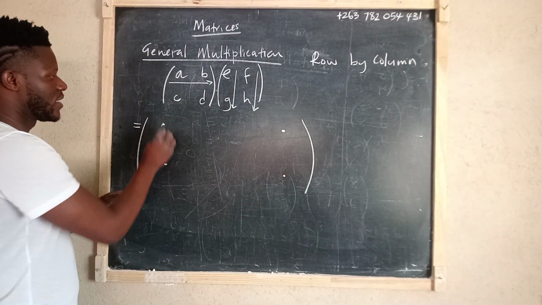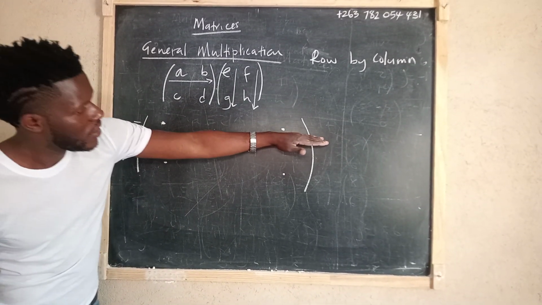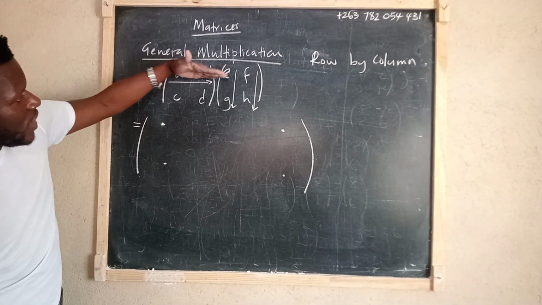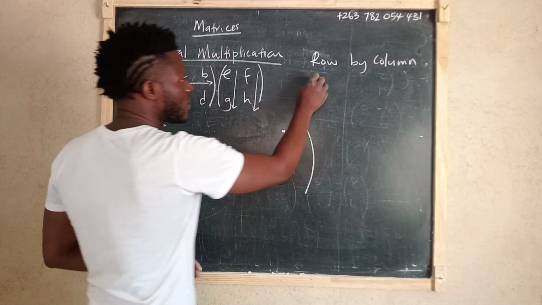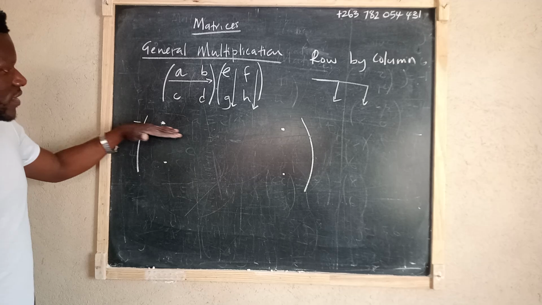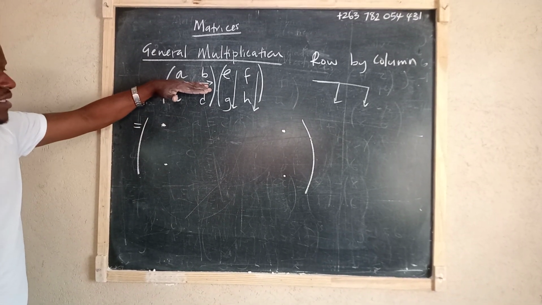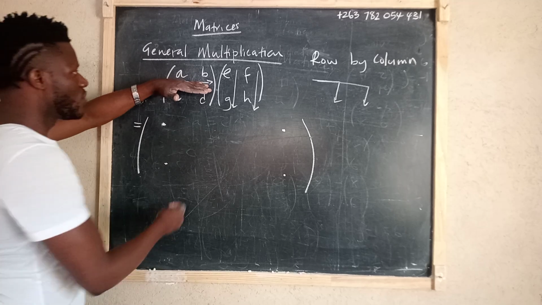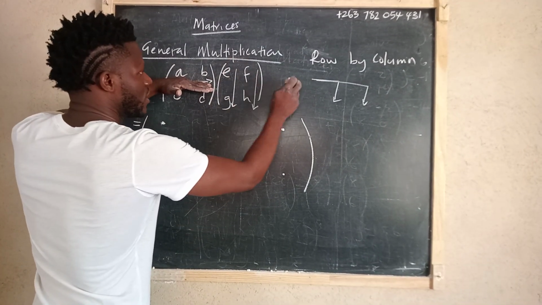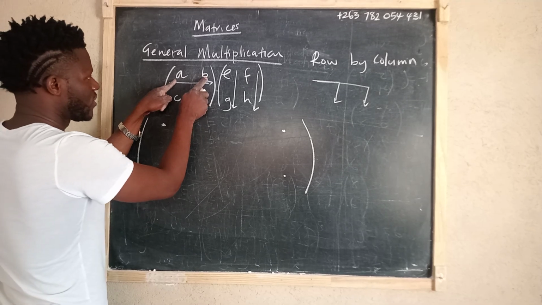Right. For the first two answers of the first row, you'll be using the first row, A, B. The multiplication movement is like this. The first row will be multiplied by both columns in such a movement. In this row, we have a firstborn and a secondborn.